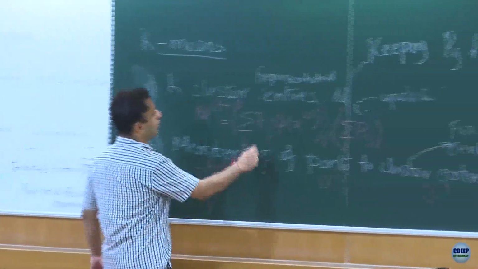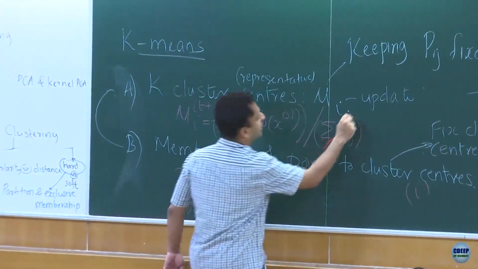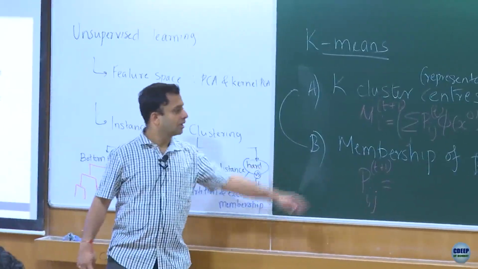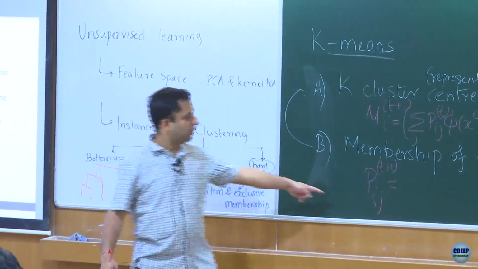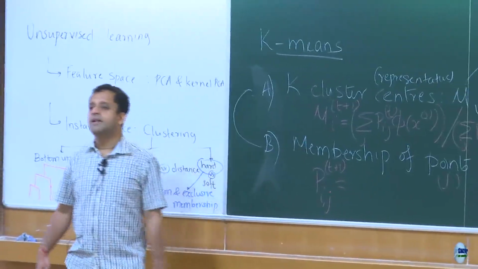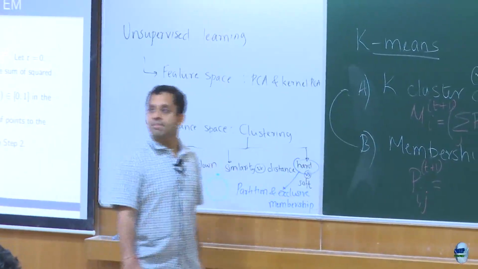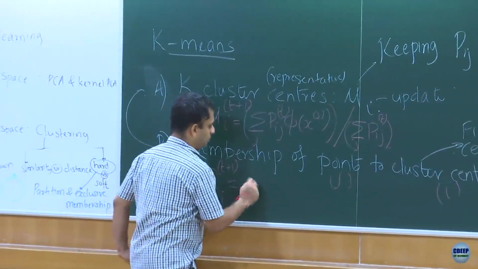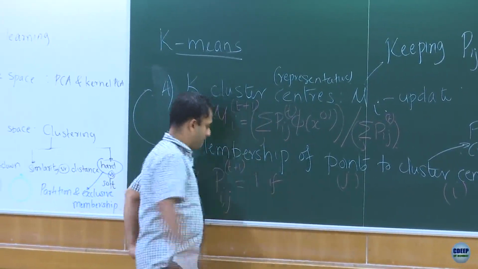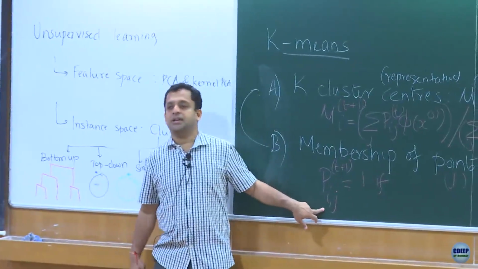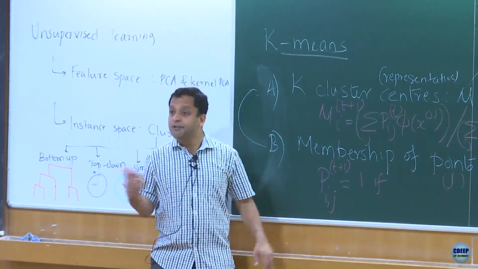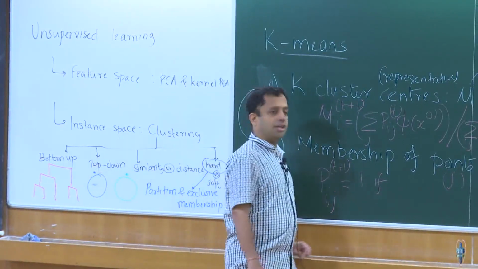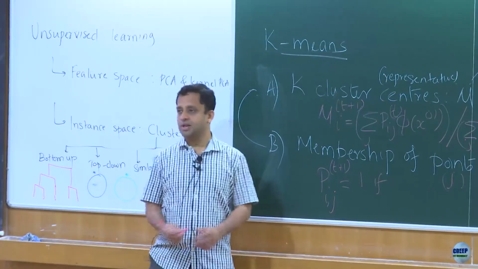Now if you want, you can be more explicit, you can put a t on P_ij, the previous iteration. And this one, the second update, will be what? So you can say P_ij is 1 if the jth point is assigned to the ith cluster, if point j is closest, right.